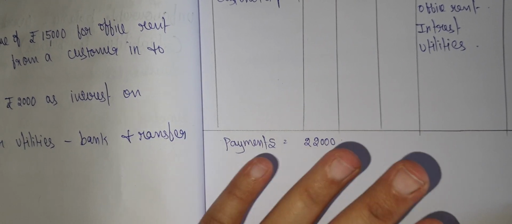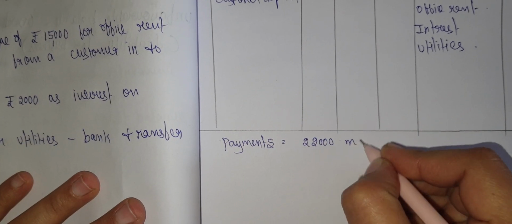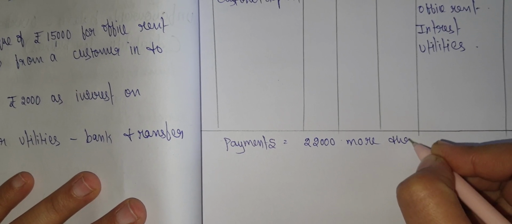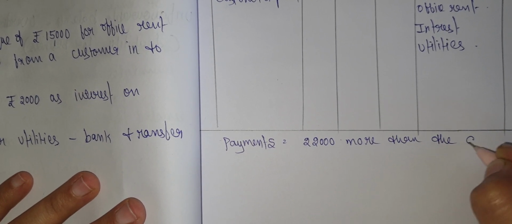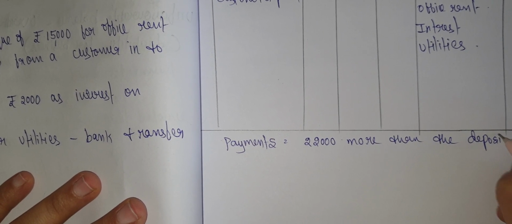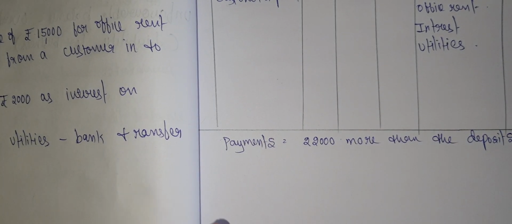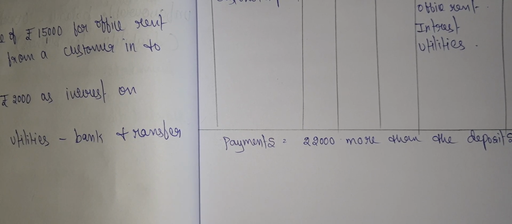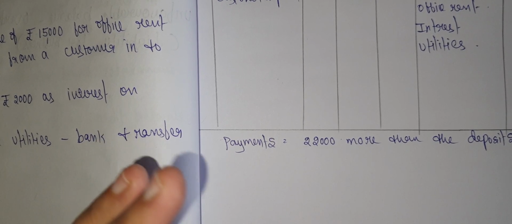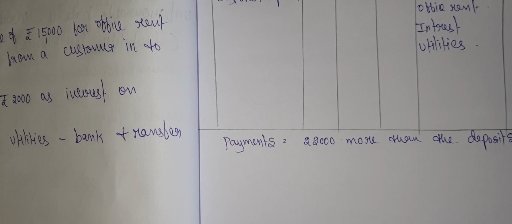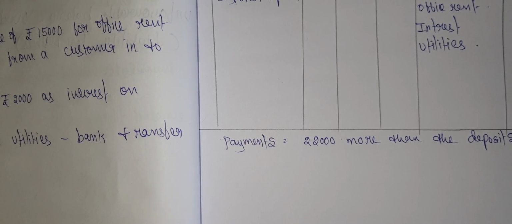They are more than the deposits, that is rupees 10,000. It means what? The overdraft has increased to rupees 32,000.